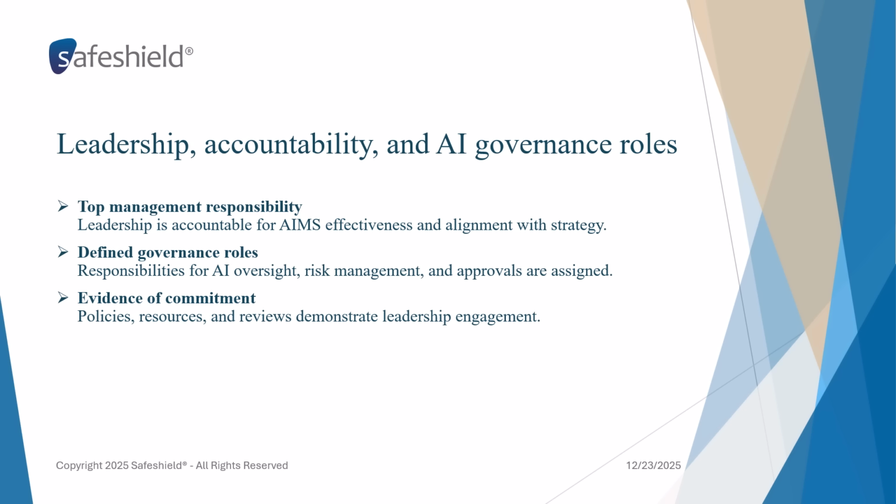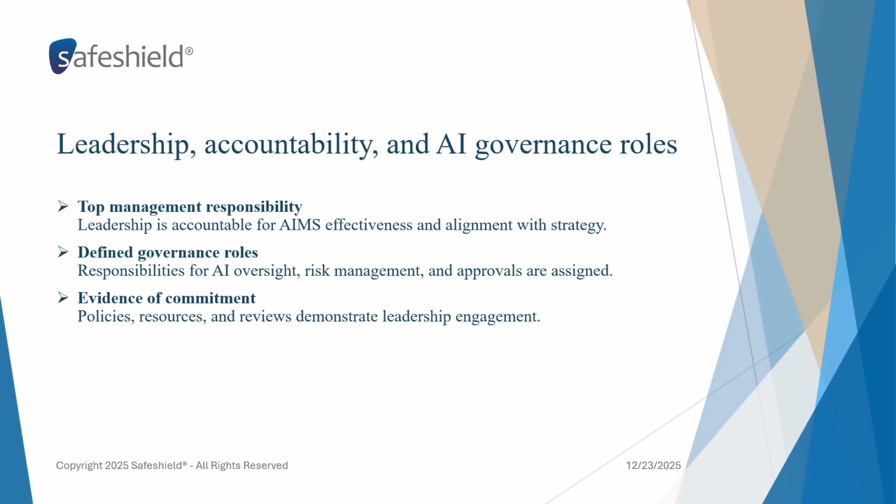Evidence of leadership commitment should be visible. Management participation should appear in governance committee minutes, resourcing decisions, and formal management review outputs. Escalation paths and decision rights must be documented and understood across teams.